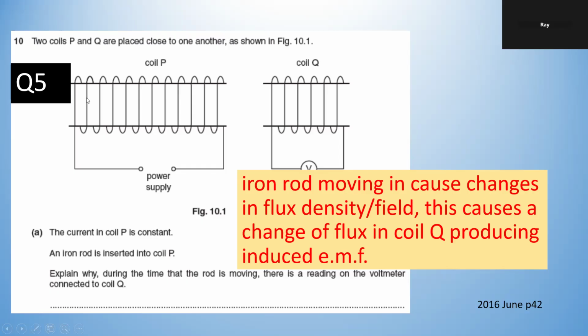The iron moves in, there's a change in magnetic flux across the secondary coil Q. So there will be induced current in coil Q. Iron is moving in, it changes the field strength or magnetic flux across coil Q.